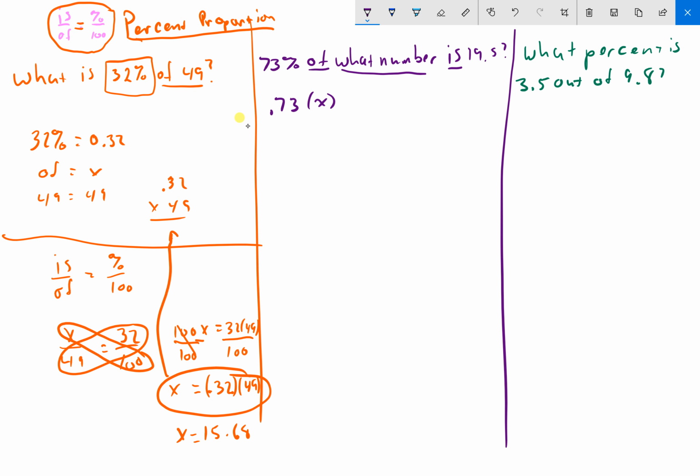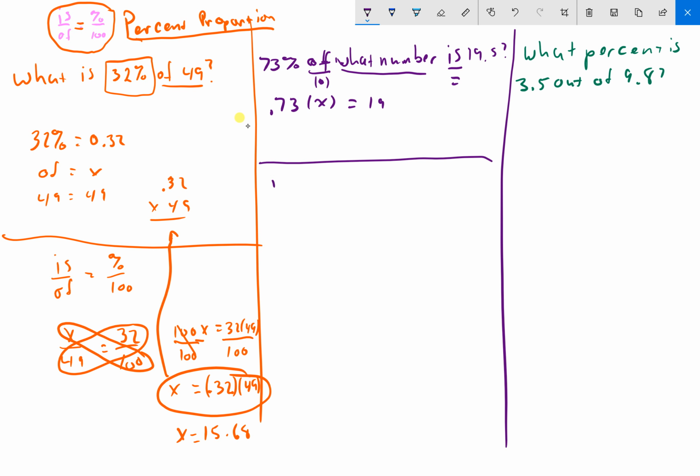So remember, of means to multiply, I'll put a little dot in parentheses, and is really means equals. So I should end up saying 0.73 times x equals 19.5.